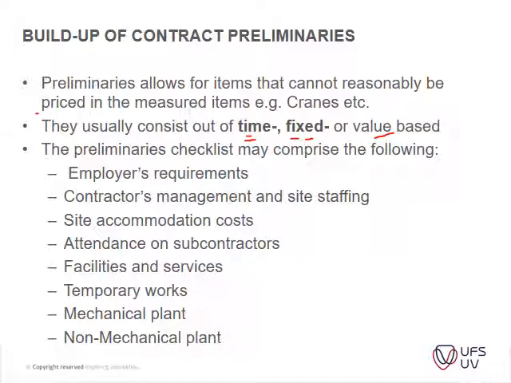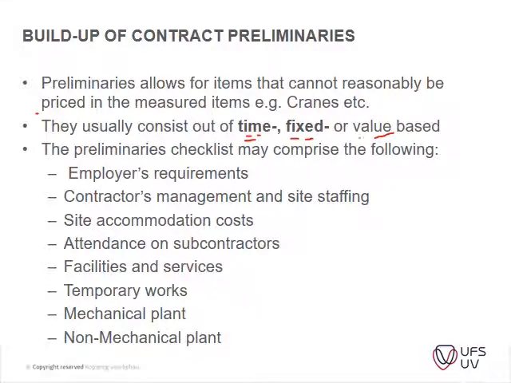So your P's and G's might be paid out according to an item having been completed, and now you can get the money in your payment certificate. Whereas time-related items are items that are paid as the project's time goes by. It doesn't really matter whether those items are done or not, but there's a certain amount, according to the items that you priced, that is paid out according to time.